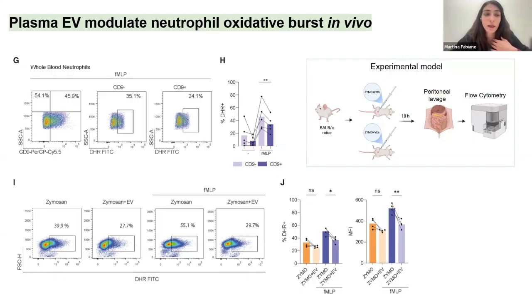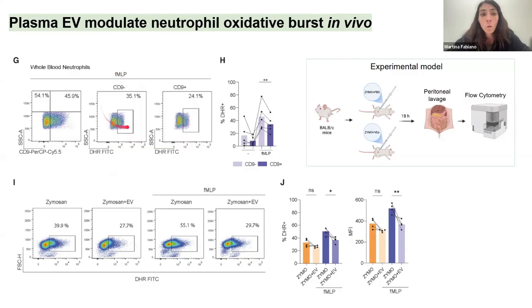So as you can see here in the first two panels, we didn't isolate neutrophils. We took whole blood neutrophils, as I explained before, and we analyzed their reactive oxygen species production by dihydrorhodamine, selecting them by CD9 exposure.